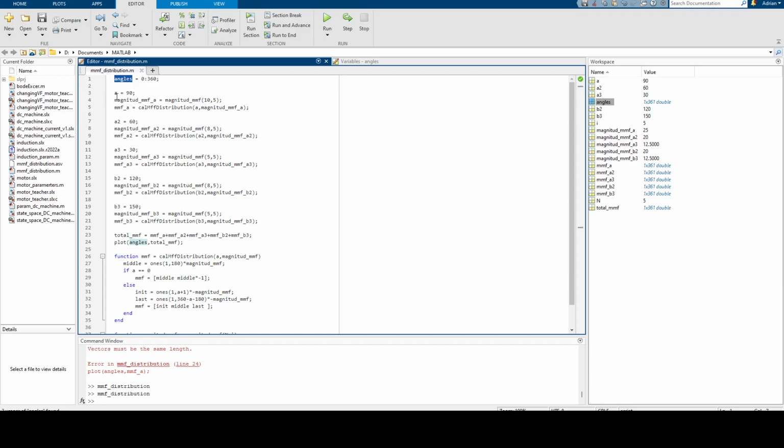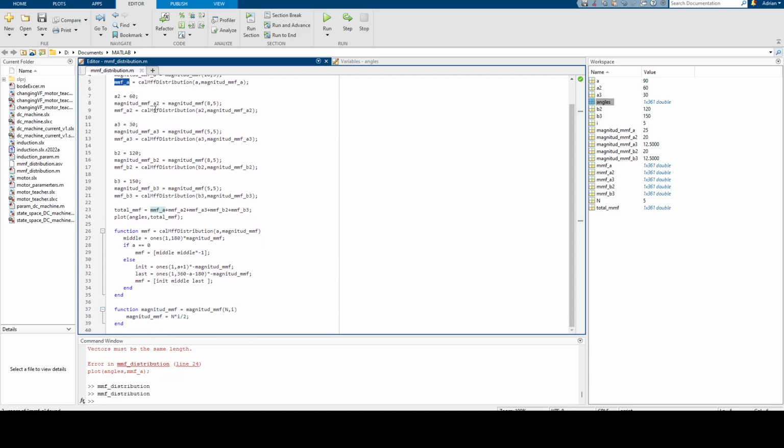Now I do the calculations for each one of the columns. The angle for A is 90 degrees. We have the magnitude of MMF. That's gonna be the number of turns times the amps over 2, and the MMF that is calculated with this function that is just creating a vector of ones.